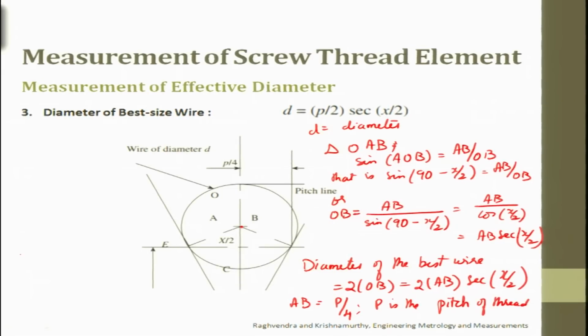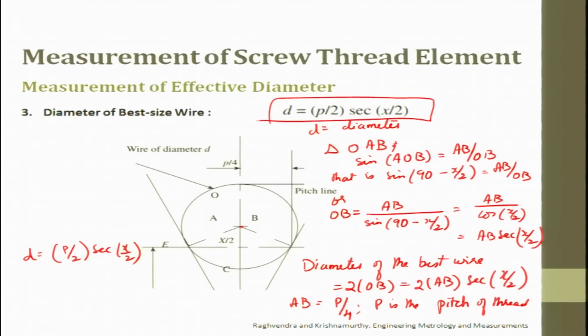So, finally, what we get is D, which is nothing but P by 2 into secant x by 2. This is the relationship we have written earlier. This is the diameter of the best wire.